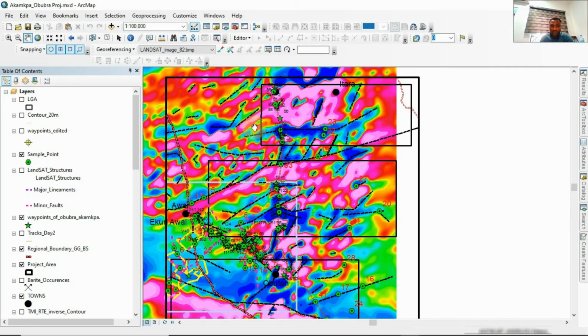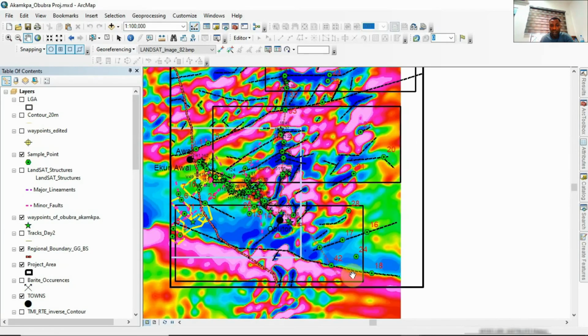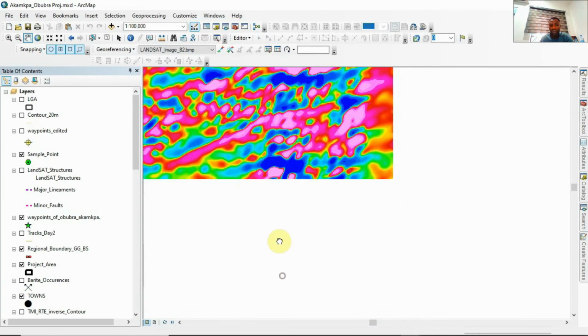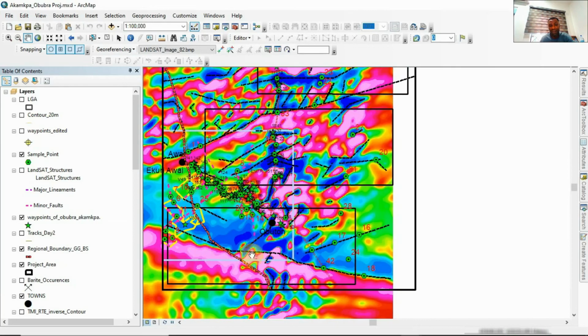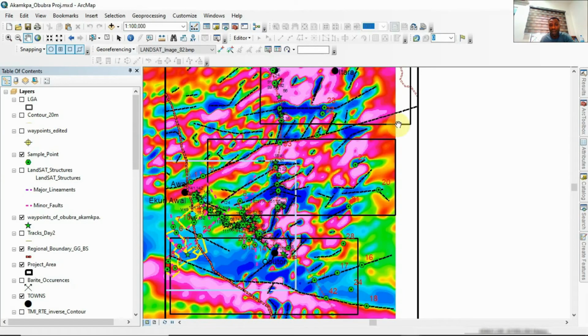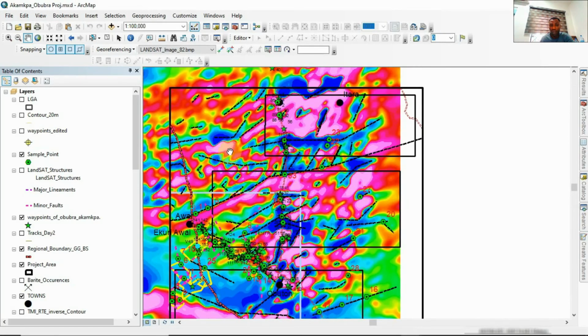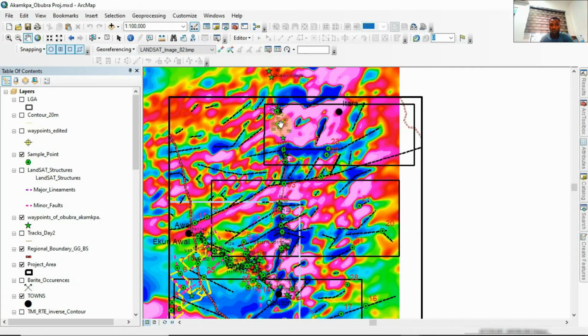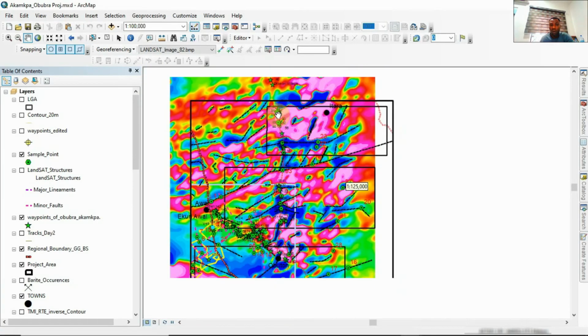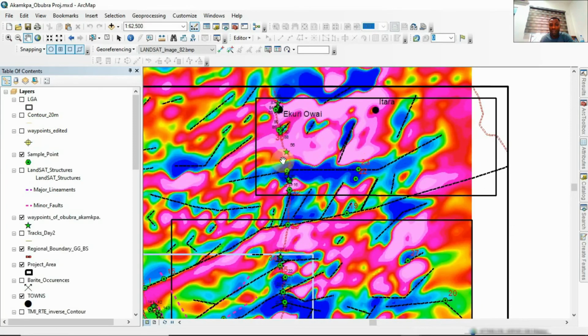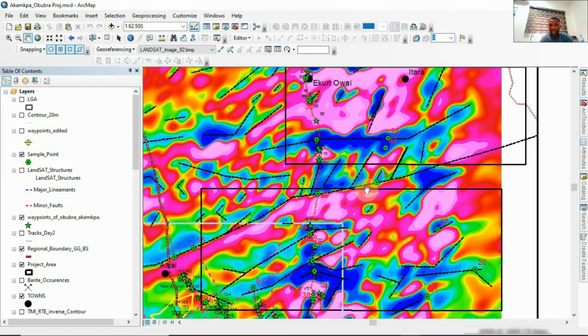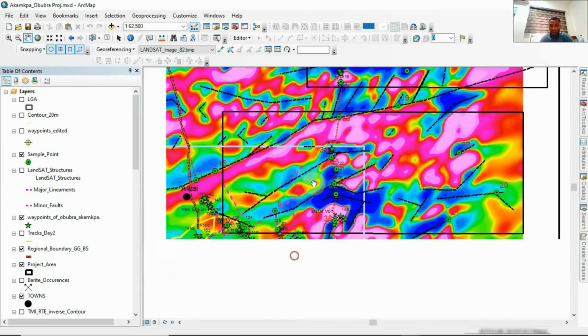There's a magnetic rock unit identified along this region, and also at this region. There are very clear demarcations at the contact zones, marked at the structures and all that. So we are able to identify these rock units and their contact zones.